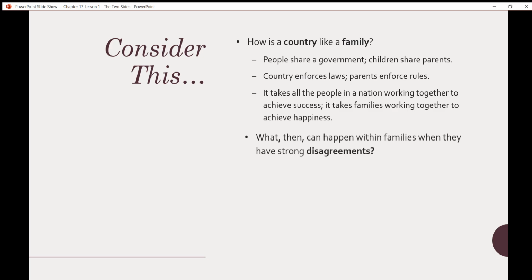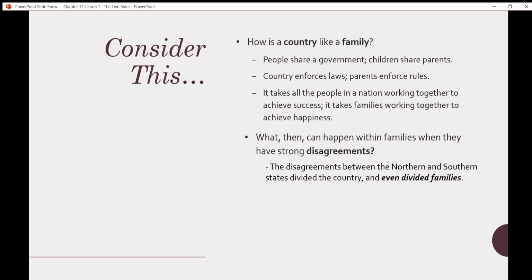Okay? So then I ask you, what can happen within families when they have strong disagreements? Disagreements within a family can have long-term effects on the young, especially on the descendants of that family.